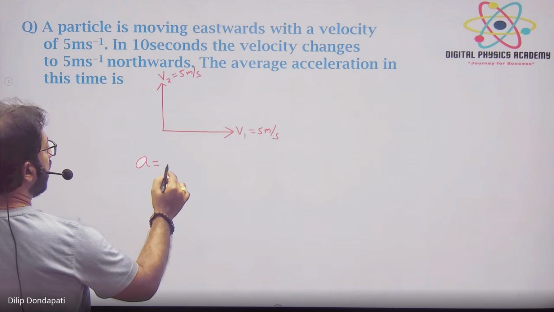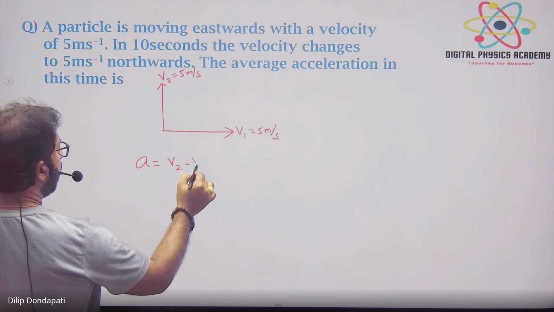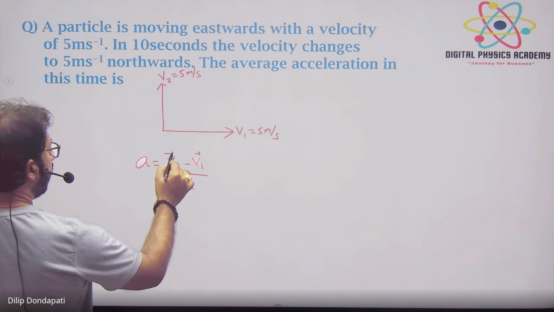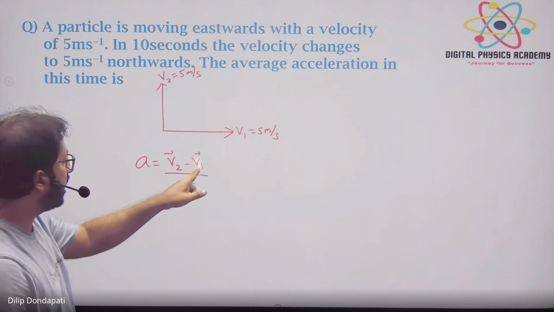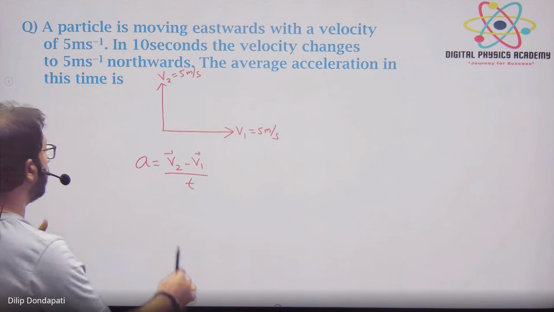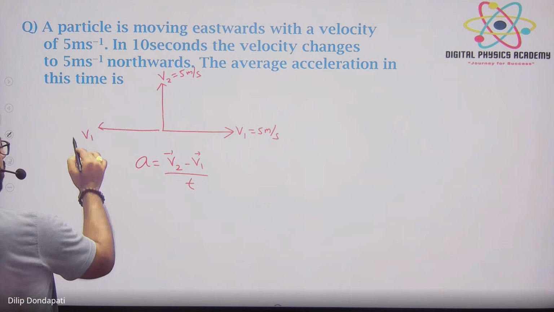Change in velocity by time. So final velocity minus initial velocity by time. Right? Now v2 तो ऊपर है, minus v1 means negative vector है, याद है ना? Negative vector will be backward direction. So backward direction, v1 negative.